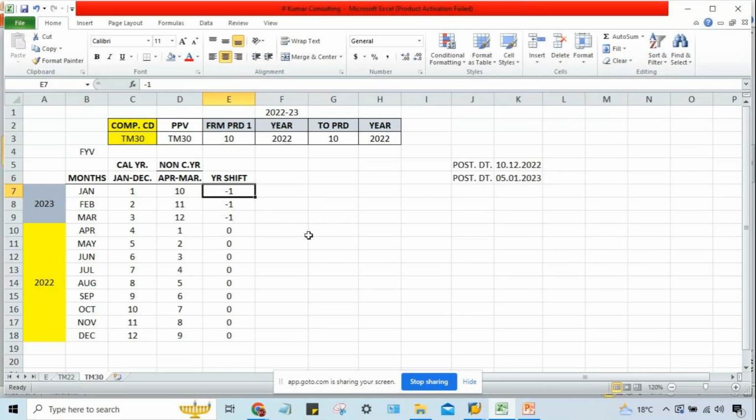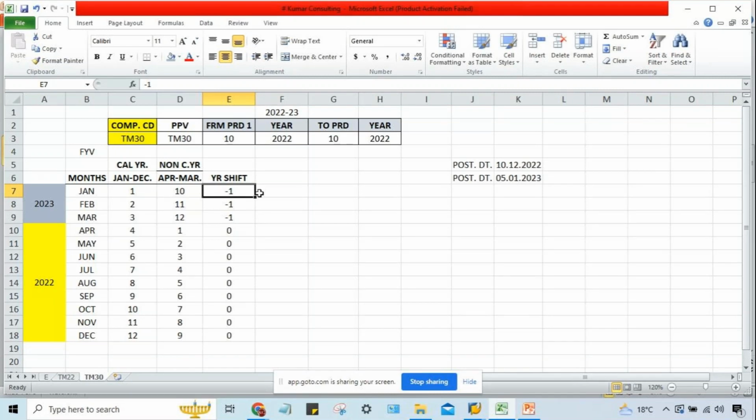SAP is going to check this year shift. Now the year shift is -1. What is year shift, guys? Year shift is an instruction. SAP doesn't have a brain. SAP is going to work as per our instruction. What is your instruction, guys? Because you guys are consultants, right? So here you have given -1. This is your instruction.